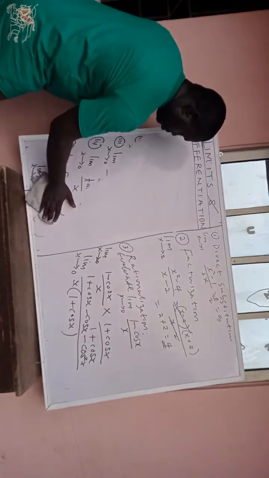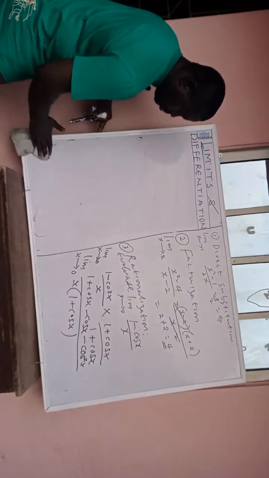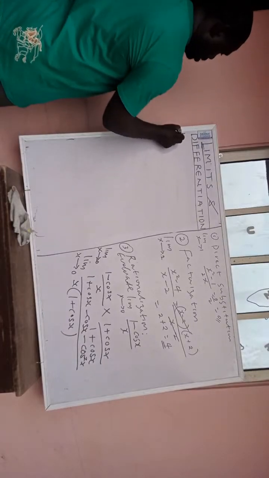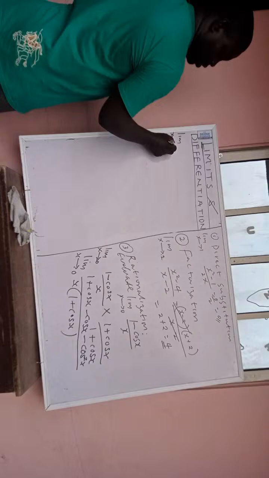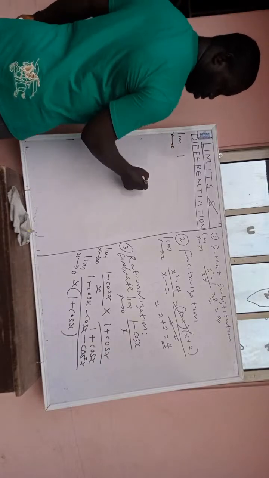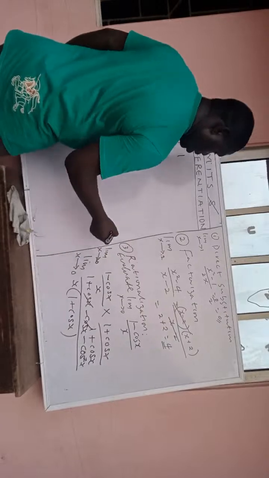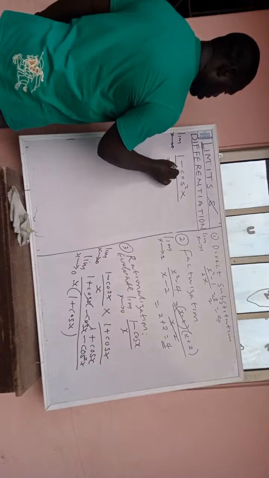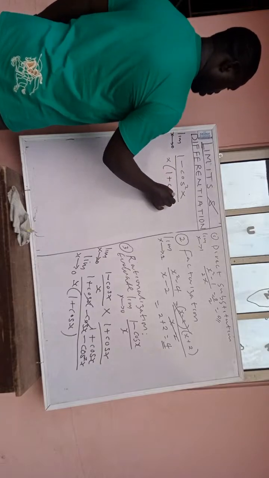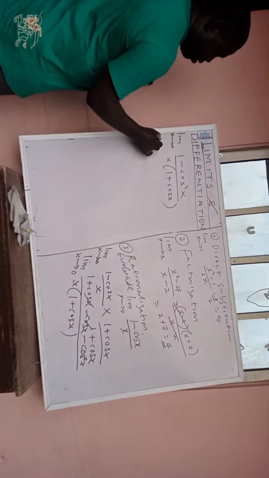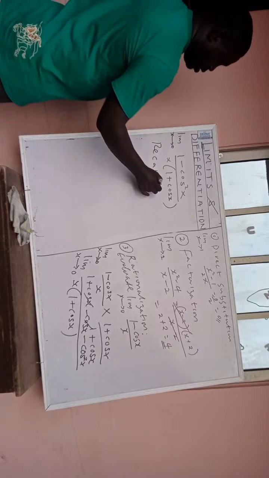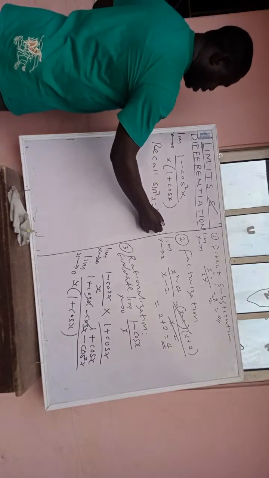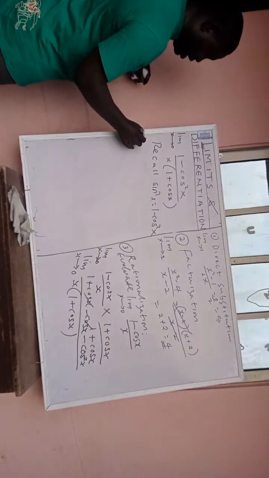It's alright. I'm sure as I'm being systematic about it, you're following. So we have limit as x tends to 0. We have 1, and we cancel this. So you have minus cos squared x over x times 1 plus this. This is what you have. Recall that this is equal to 1, from trigonometry that we did earlier.